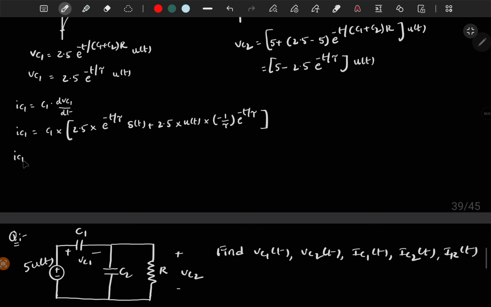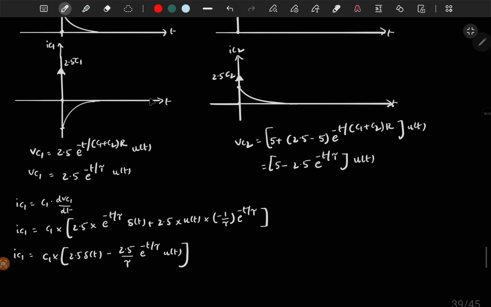So IC1 is equal to C1 times, if you multiply del of t with any other function, you just have to substitute t equal to 0 in this function, so you will get 1. So this is 2.5 del of t plus minus 2.5 by tau e power minus t by tau u of t. So this is the expression for this waveform IC1.